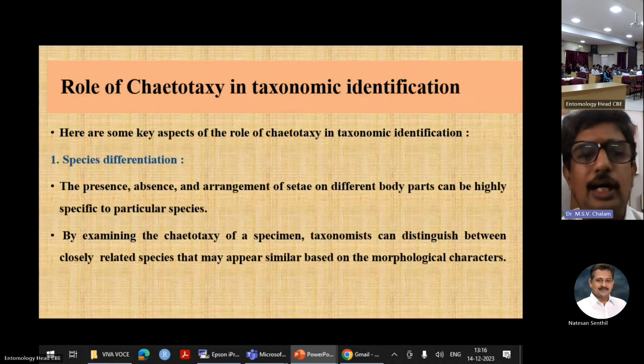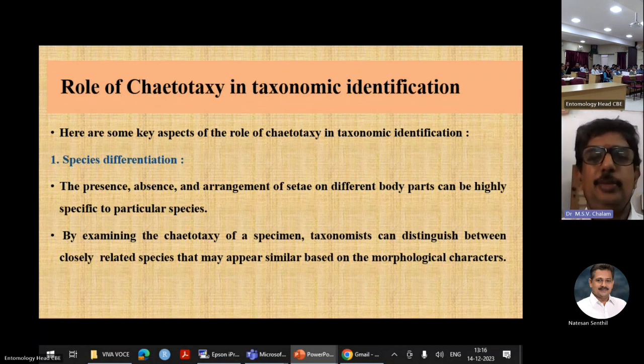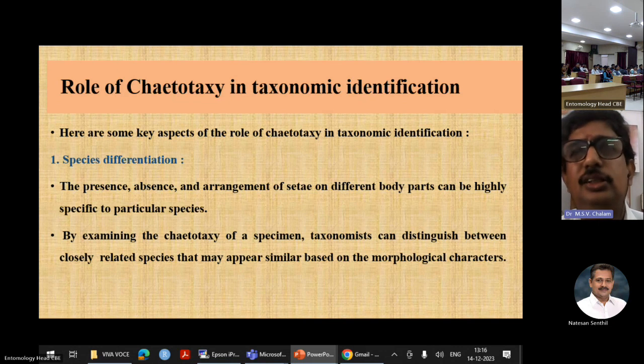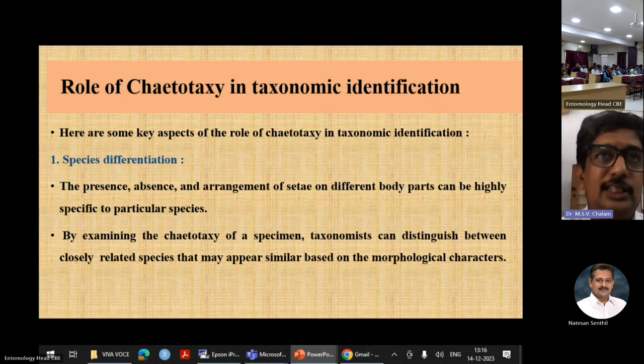So what is the role of Chaetotaxy in taxonomic identification? The first one is that the study of Chaetotaxy is useful for species differentiation, because you see the presence or absence. We have not gone into detail of a particular one. Even if you study the setal number, the setal position will vary between species.